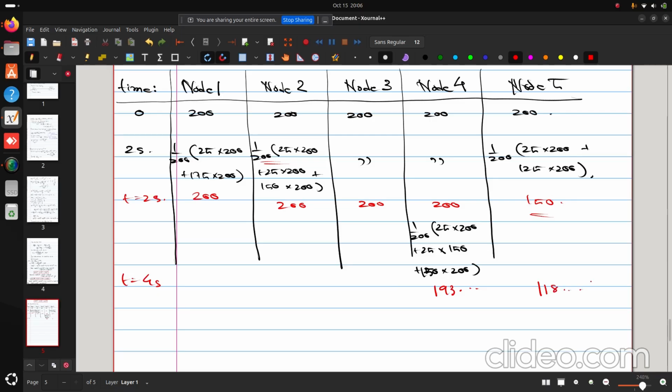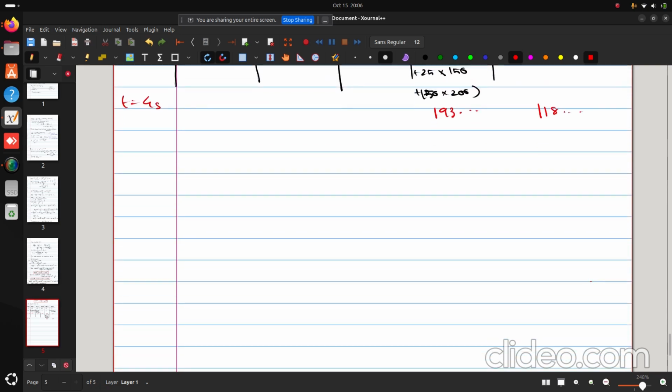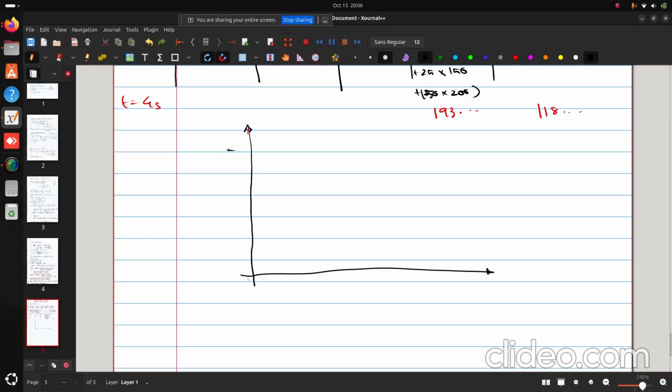So as you see in this transient problem, as we go ahead in time, the temperature profile changes at each time step. Initially it was 200 degrees Celsius, then suddenly it went to 0 at the boundary. The positions are 0.1, 0.2, 0.3, 0.4 and 0.5, and this is the boundary.